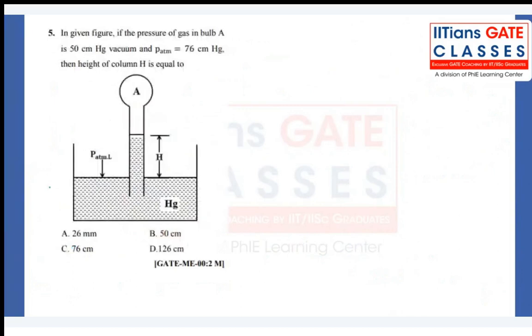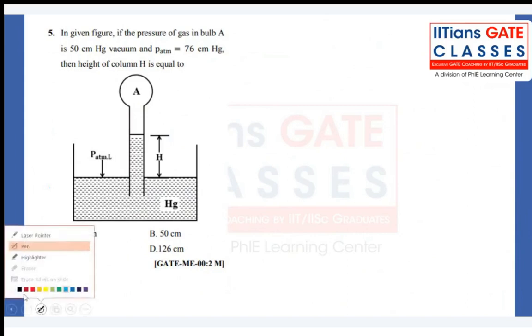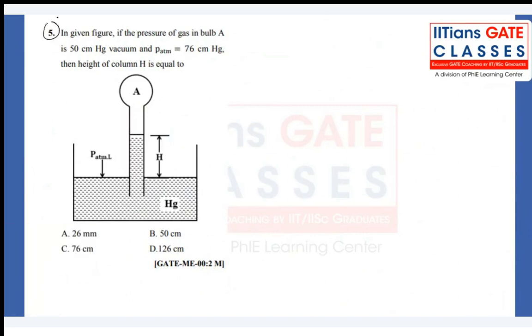Now try to see this question, and again, that is completely a barometer only. Whatever the things you have been given here, that is a simple barometer to measure the atmospheric pressure.